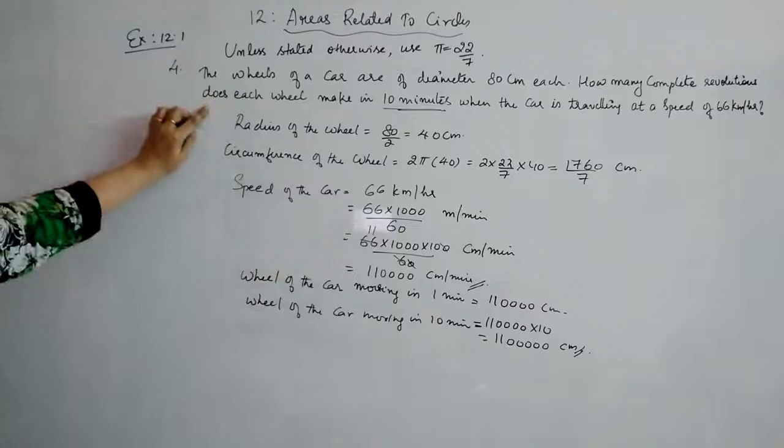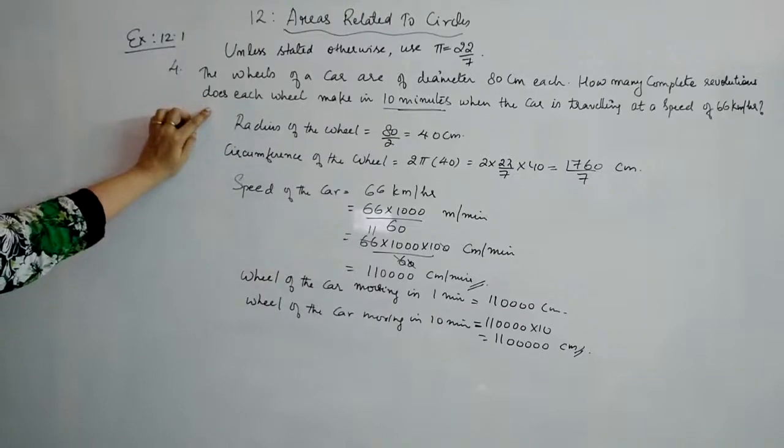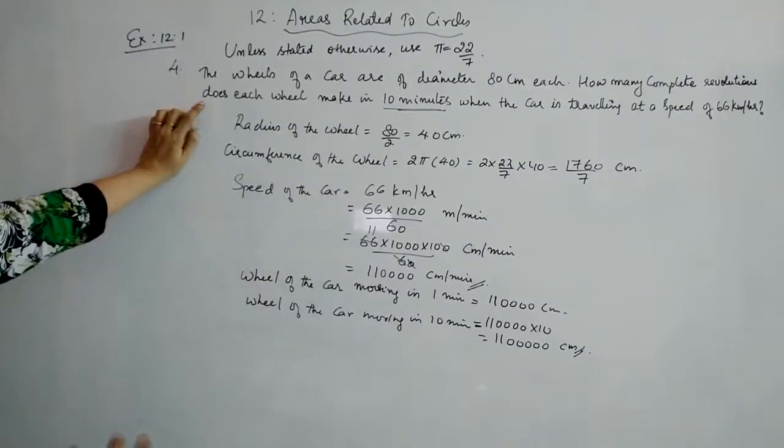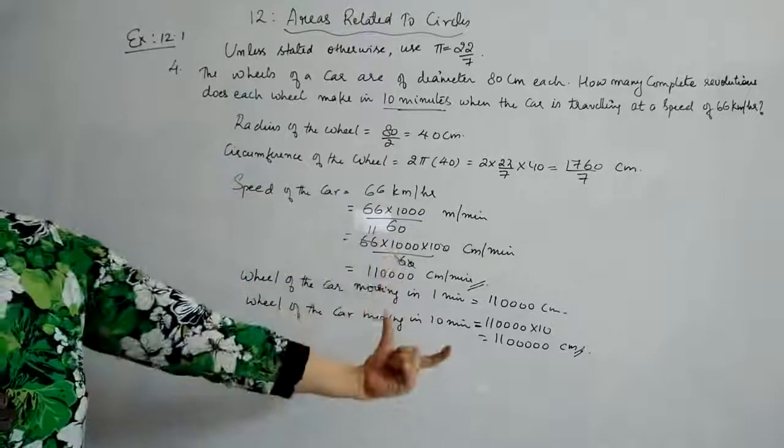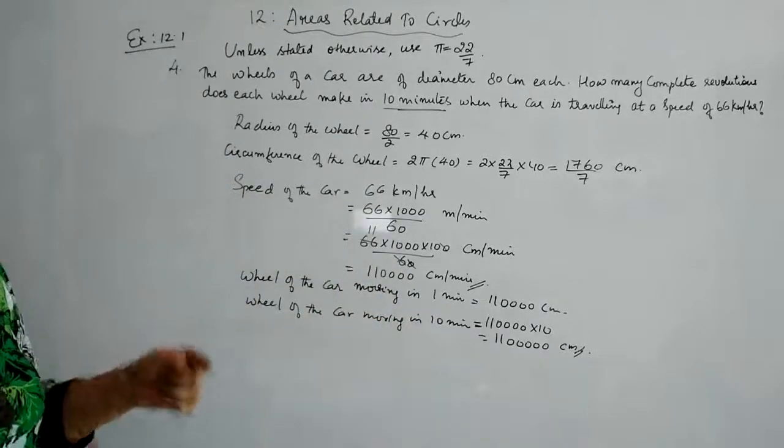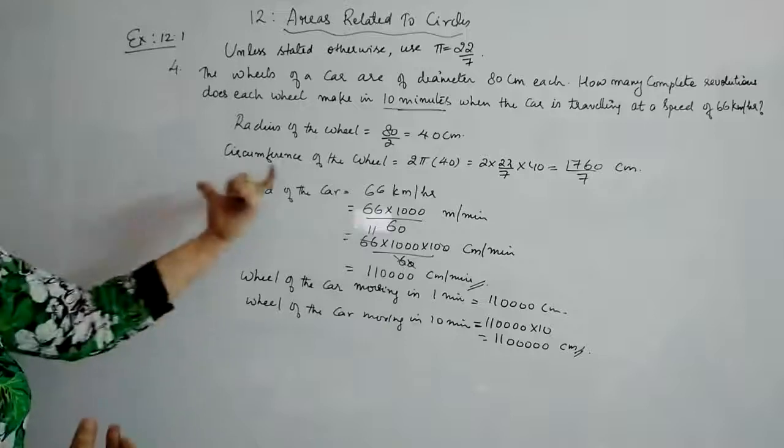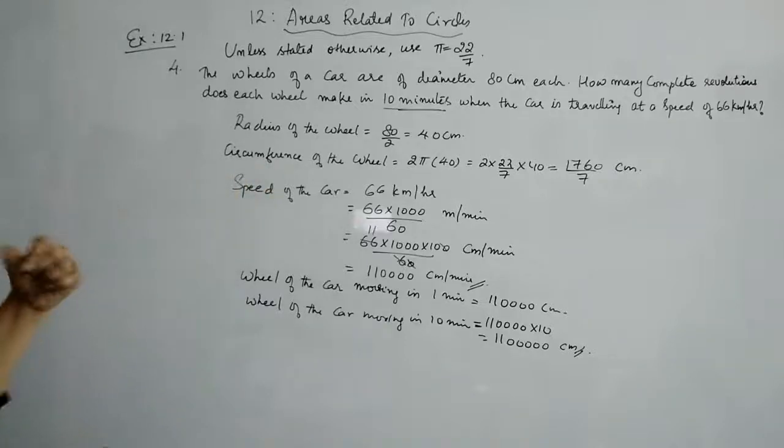And what you need is how many complete revolutions it makes. For that we have to divide this distance by the circumference of the circle. Here the circle means the circumference of the wheel. That will give you the number of revolutions.